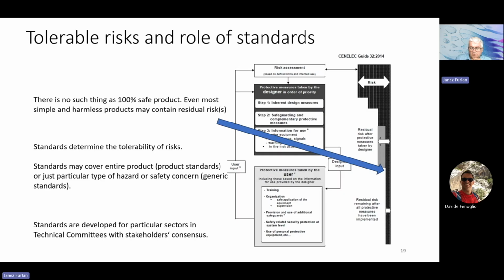In such cases, we don't have the ability to use the product standards, but rather we use generic standards which cover one type of hazard or hazard group or safety concern. These standards are developed for particular sectors in technical committees with stakeholders' consensus, and they usually can be listed as product standards or generic standards.